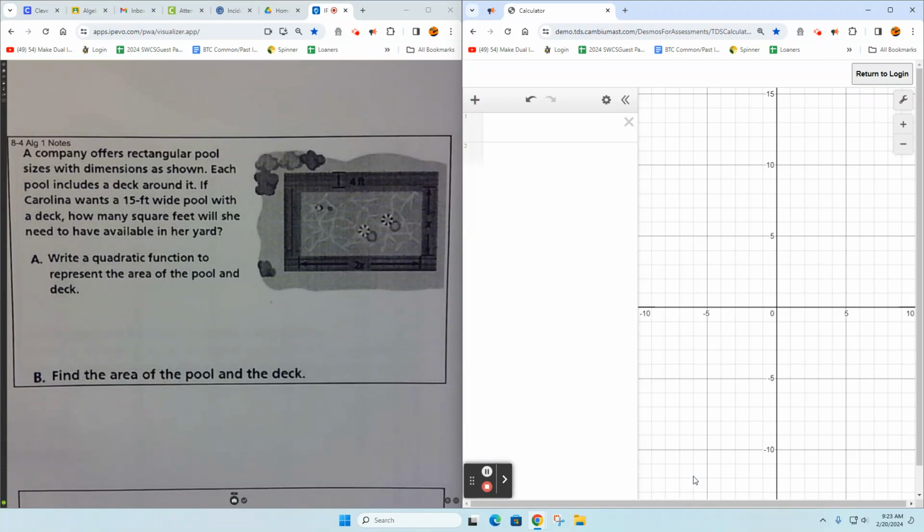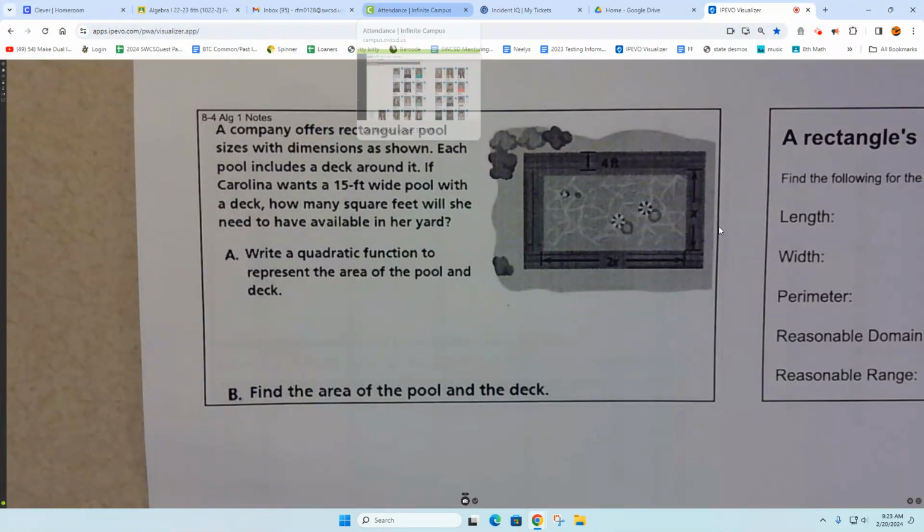Okay, before we can graph it, we need to be able to write the equation. So looking at this first one here, a company offers a rectangular pool with dimensions as shown. Each pool includes a deck around it. If Carolina wants a 15 wide pool with a deck, how many square feet will she need to have available in her yard?